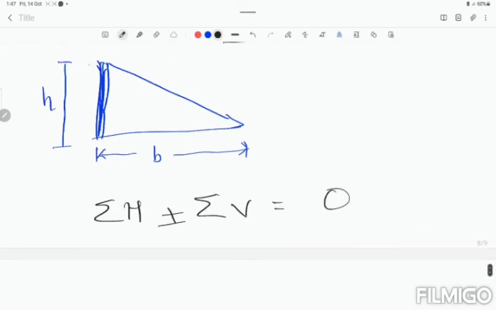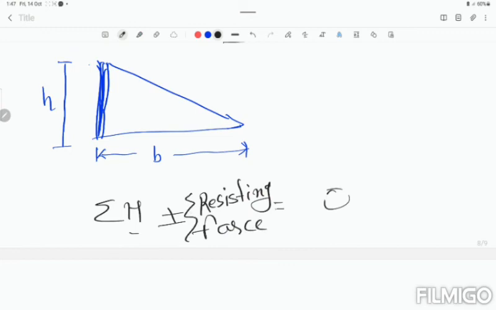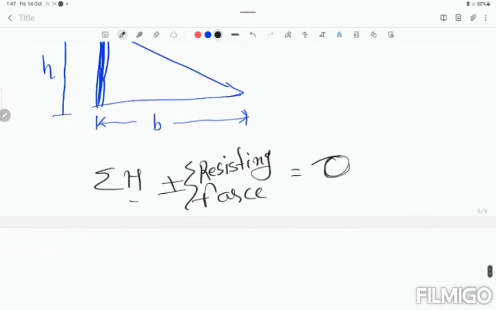Summation of H and summation of V are the net horizontal force and the net vertical force. Net horizontal forces act towards sliding, and we also take the resisting force. The net resisting force plus or minus horizontal force will be 0, then sliding may be minimized. So the factor of safety in terms of this we will get as 1.